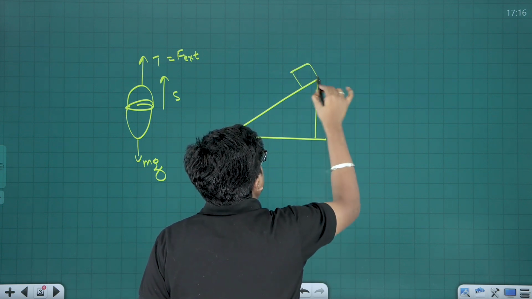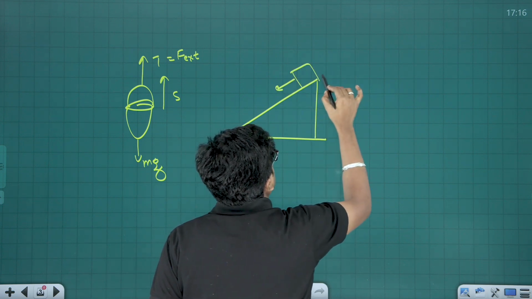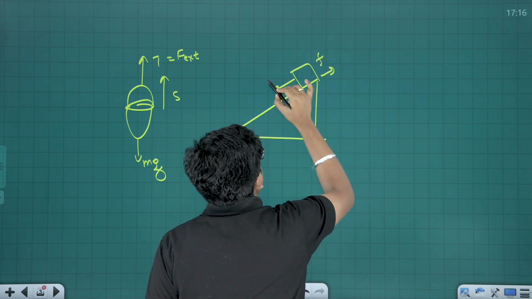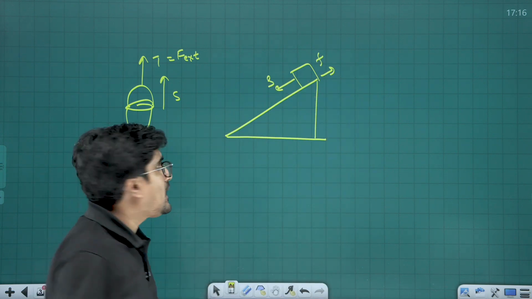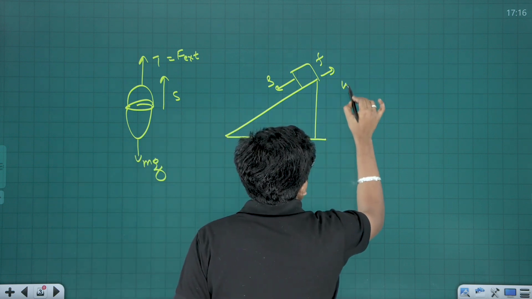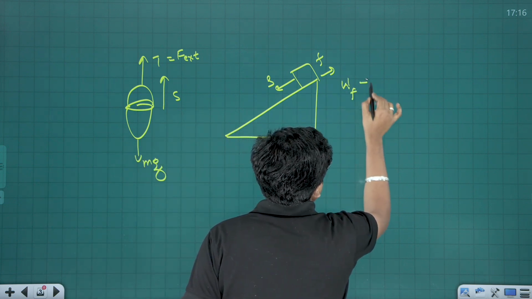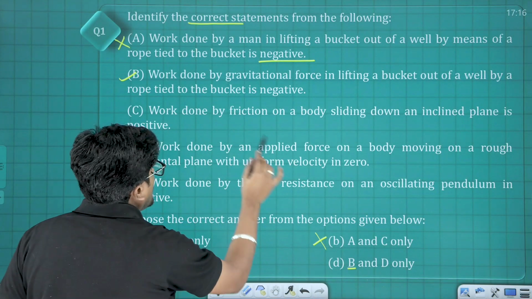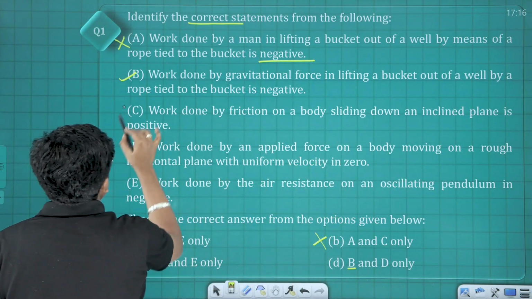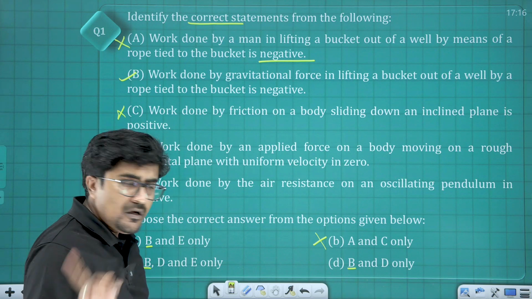This is the body sliding down. Of course, frictional force is going to be in the upward direction. Here this is the displacement. So this need to be negative. I mean work done by friction, this need to be negative. And here they say that work done by friction is positive. That means this is a wrong statement.